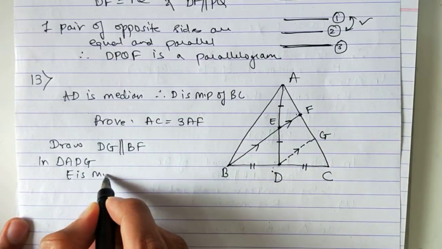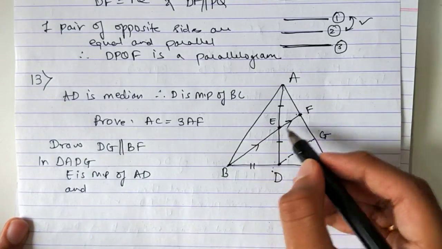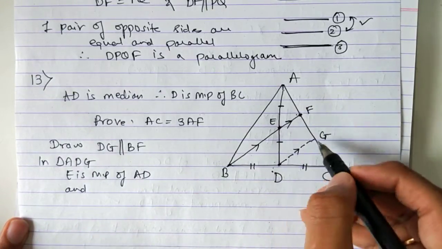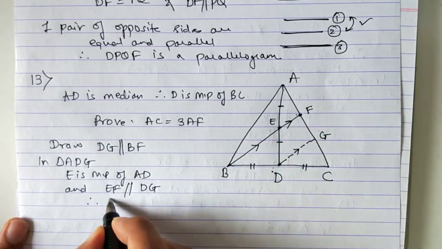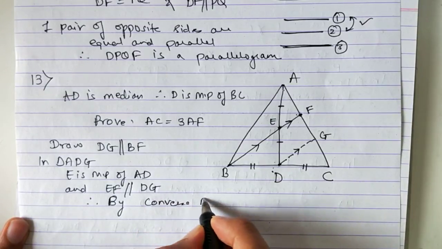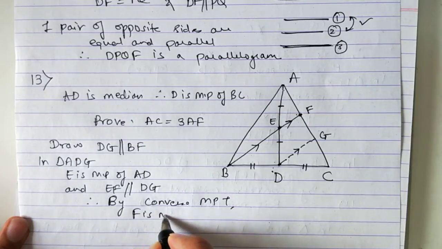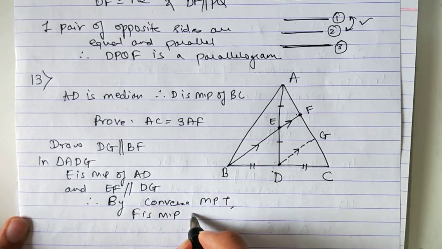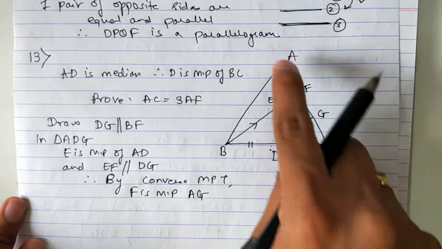So E is the midpoint of AD and I'll write only EF. EF is parallel to DG. Therefore, by converse midpoint theorem, F is also the midpoint of AG. Okay, F is also the midpoint of AG.